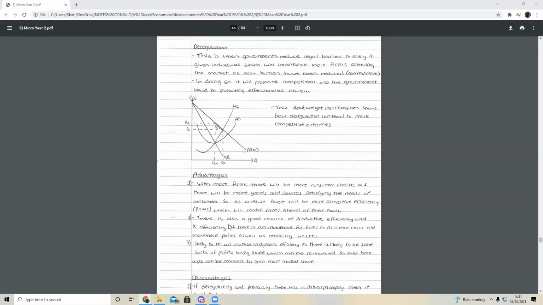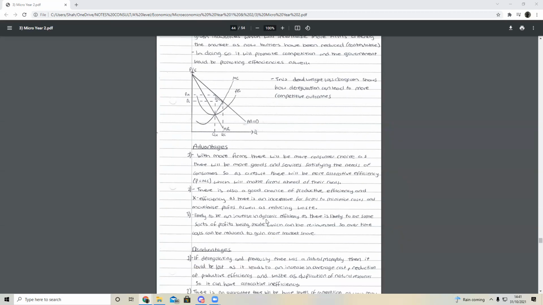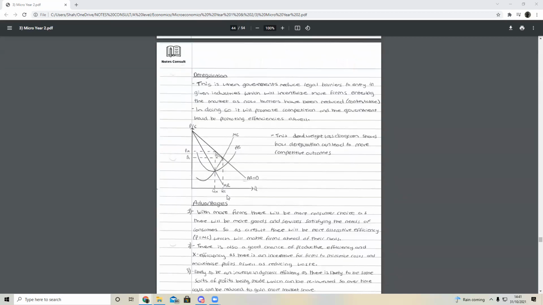There's also a good chance of productive efficiency and X efficiency, as there are incentives for firms to minimize costs and maximize profits, as well as reducing waste. Likely to be an increase in dynamic efficiency, as there's likely to be some source of profits being made, which can be reinvested over time and can be used to gain more market share.